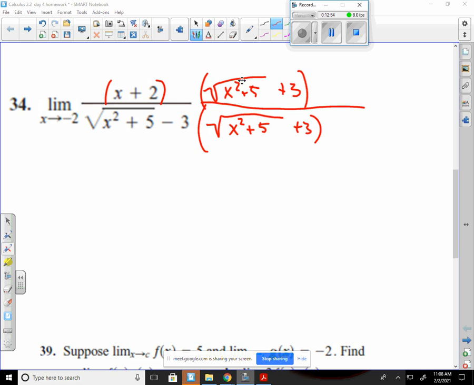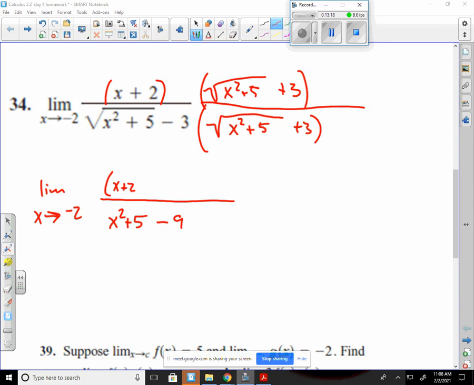And again, we don't want to multiply this top out until we absolutely have to. On the bottom, though, this is going to give us the limit as x approaches negative 2. This times this gives us just what's inside, x squared plus 5. Negative 3 times positive 3 is minus 9.